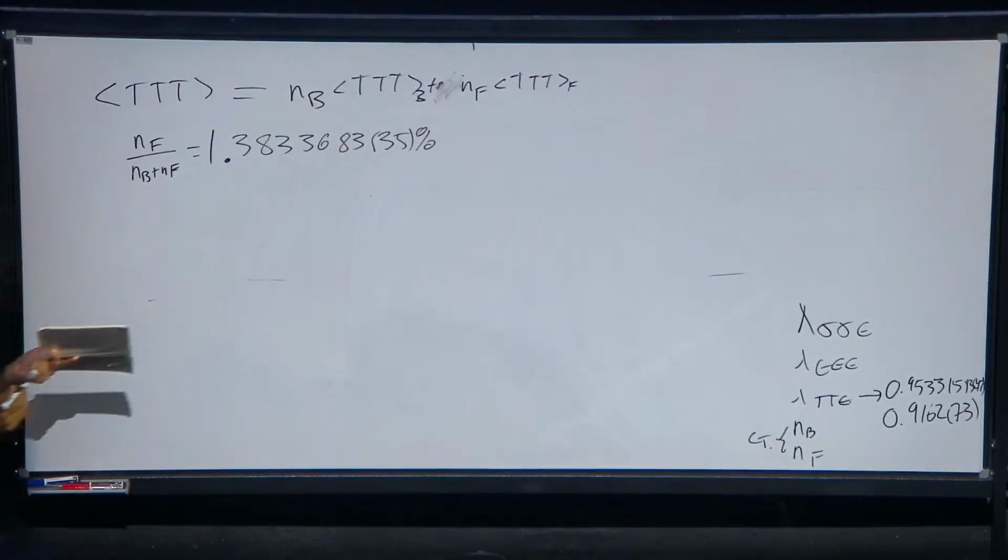So you can say that the Ising CFT is 1.3833683 parentheses 35% fermionic, whatever that means. That's just fun.